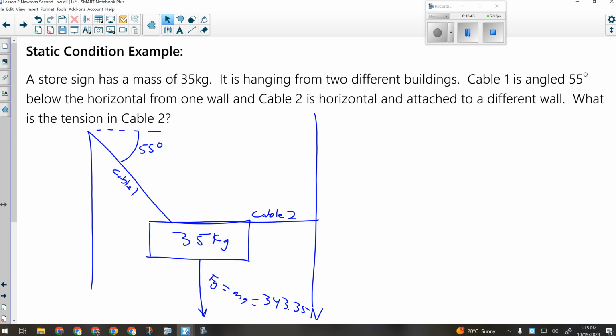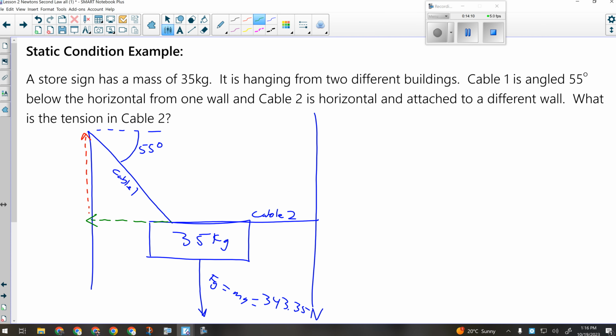It's pulling to the side. Why does it need to do that? So it doesn't swing, because cable 1 is pulling at an angle. That means cable 1 actually has a vertical component and a horizontal component. Its horizontal component goes to the left, which means that is opposing cable 2.